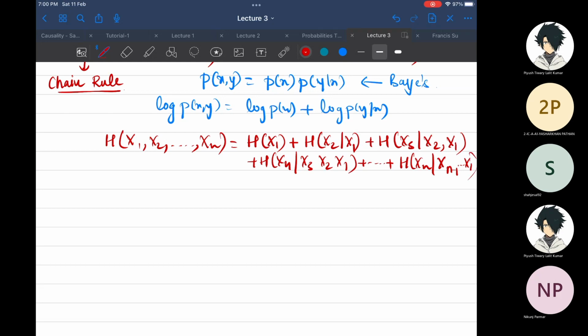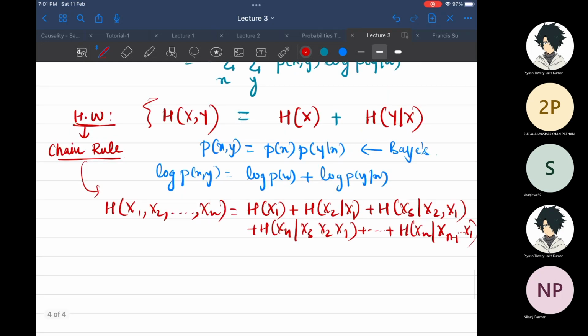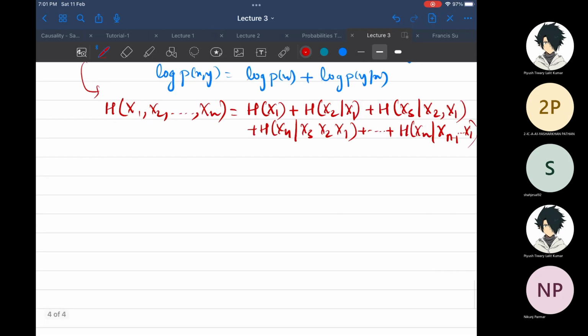So this is the general chain rule. If you substitute n to be 2, this is what you will get.